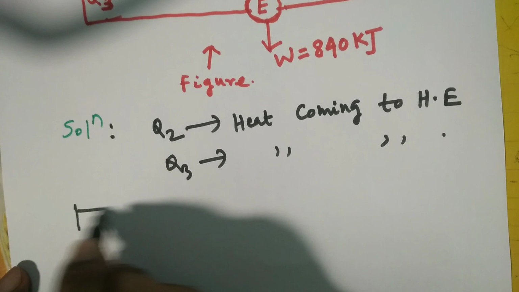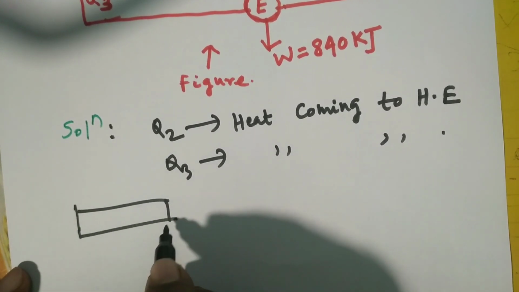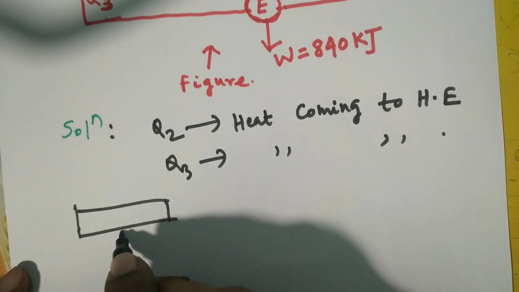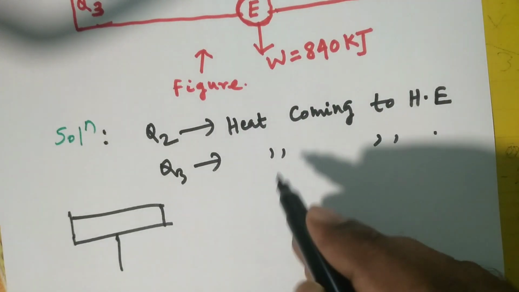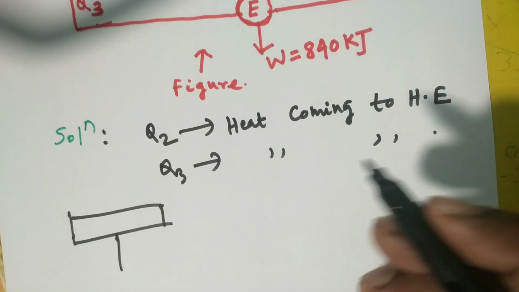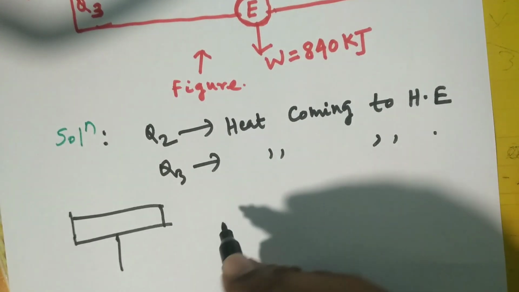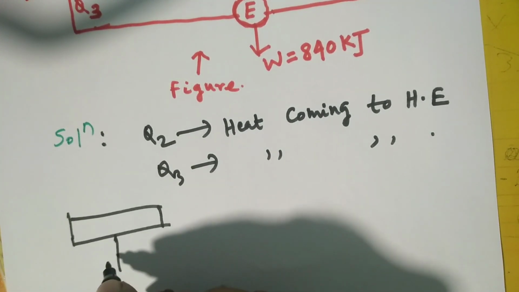This is our assumption. If Q2 and Q3 come out to be negative, then the assumed direction will be reversed to find the correct direction.